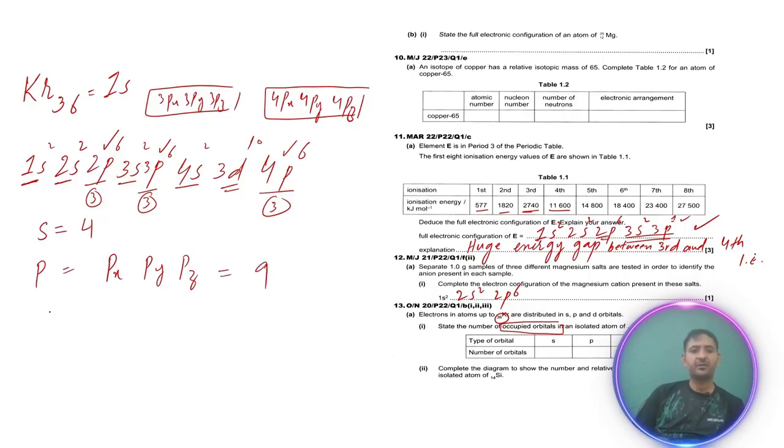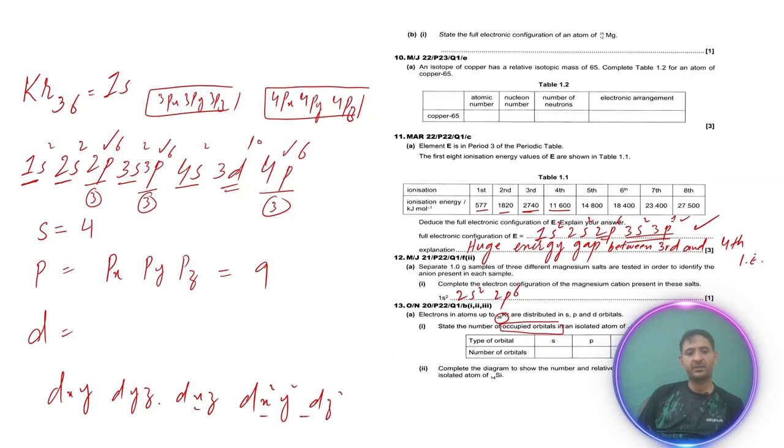Okay. And what about d? D10, it is completely filled. So, I told you, this is dxy, dyz, dxz, dx square minus y square, and dz square. So 1, 2, 3, 4, 5.